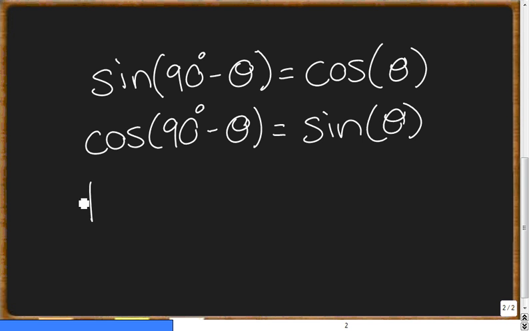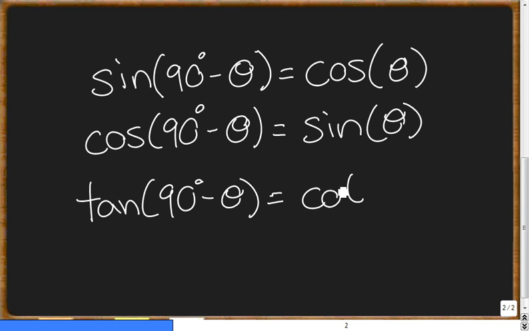And then we have the tangent of 90 minus theta is going to be the cotangent of theta. So these three things are all true. Mainly, you'll look at these two, and it's very helpful because as you move around the unit circle, if you just go back a certain amount of angles, you actually get the other trig function. It's very, very useful.